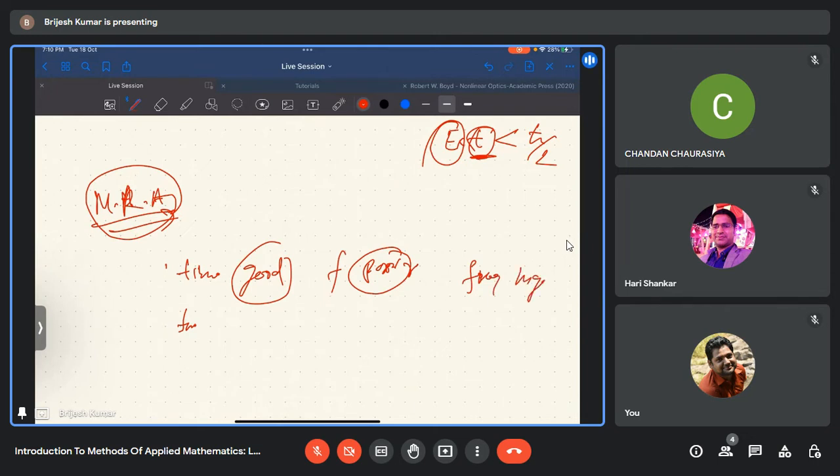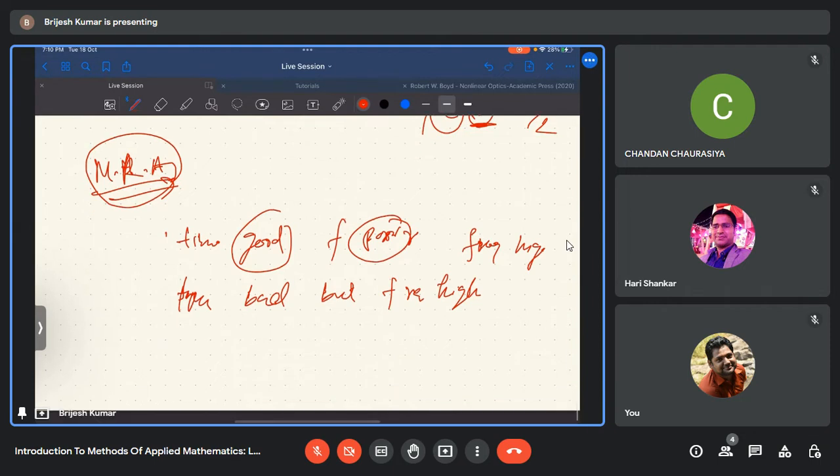And in reverse, the time resolution is bad but the frequency resolution is high when we go to the lower frequency region.